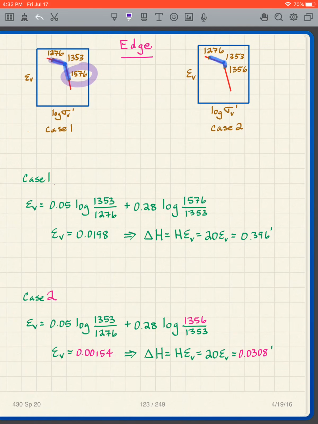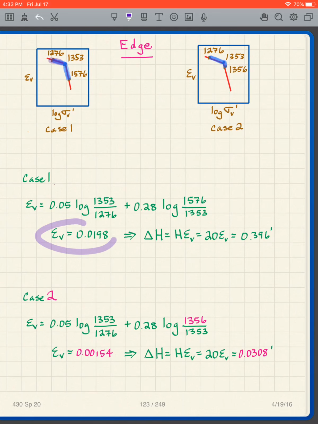Then I'm going to have 1576 divided by 1353 for that portion. Again, 1353 divided by 1276 for that, and then 1356 divided by 1353 for that.